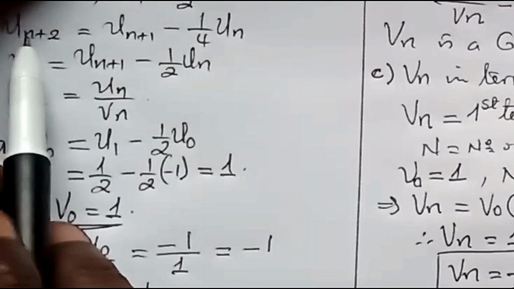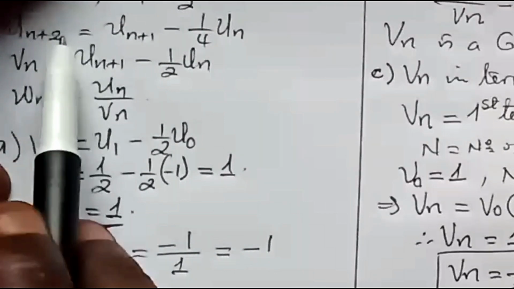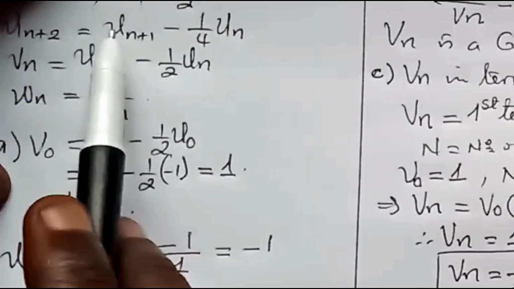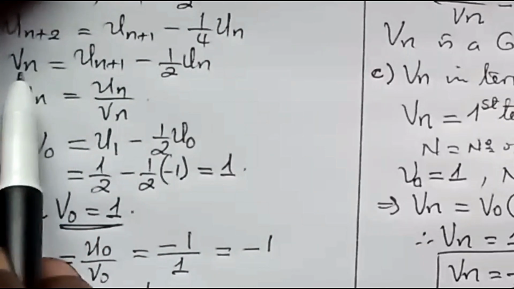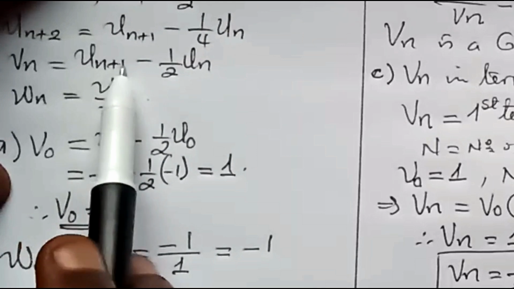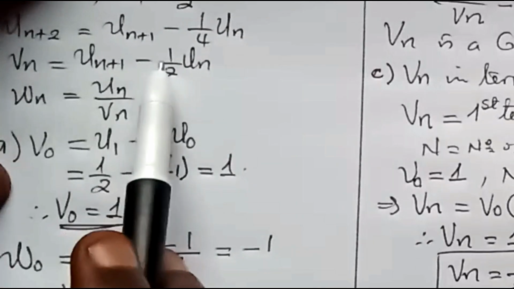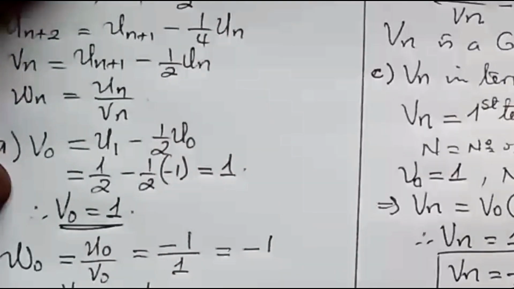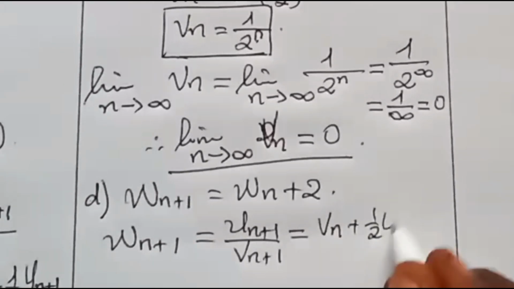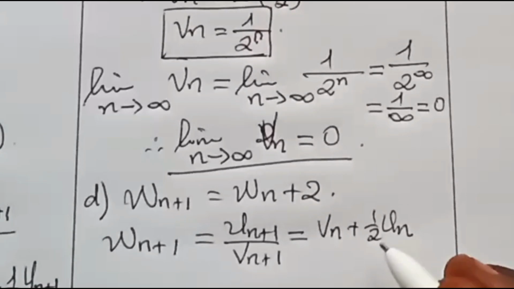The first one has a very high term, Un plus 2. If we take that option and make Un plus 1 the subject, we might have difficulties. So we take a simpler one which has smaller terms. Un plus 1 can be made the subject in this other one containing Vn. And so Un plus 1 there should simply be Vn plus half Un.